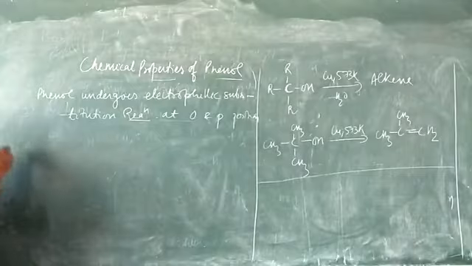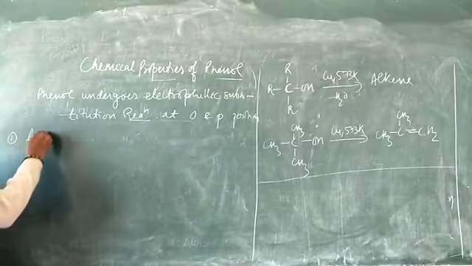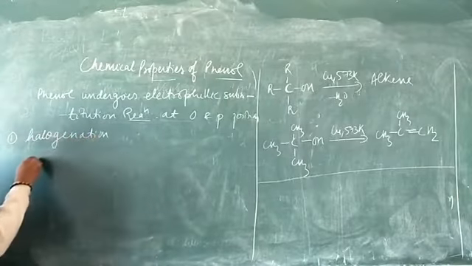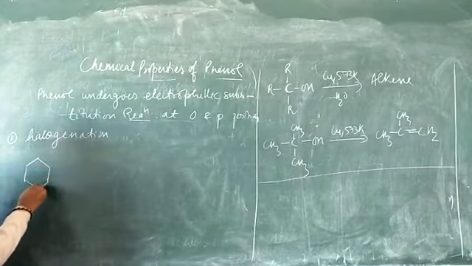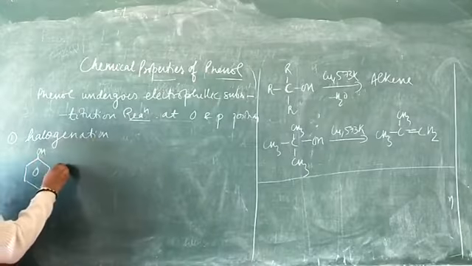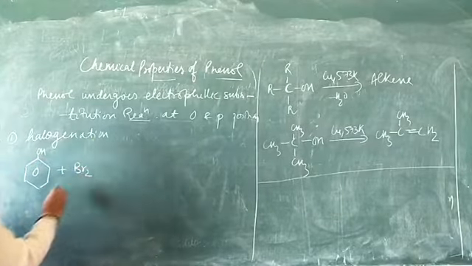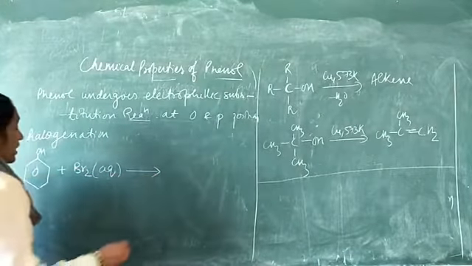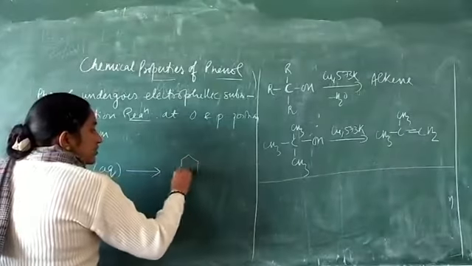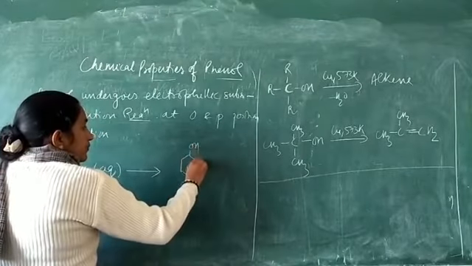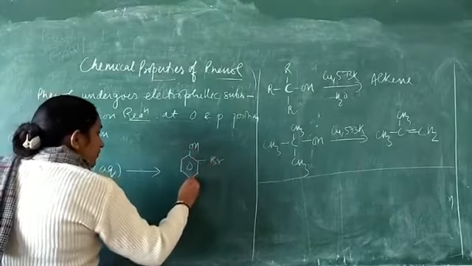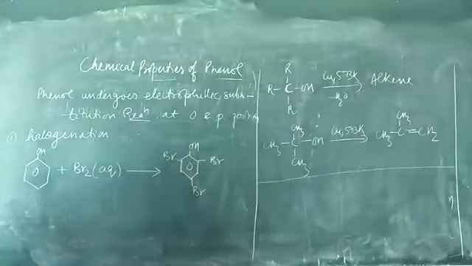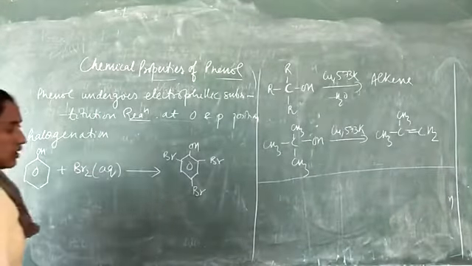Now let's start with the first reaction, that is halogenation. Students, when the phenol reacts with bromine water, it undergoes tri-substitution and bromine gets attached at the ortho and para positions together.